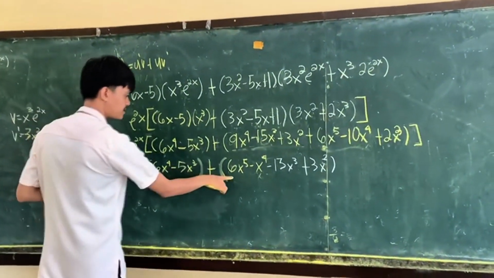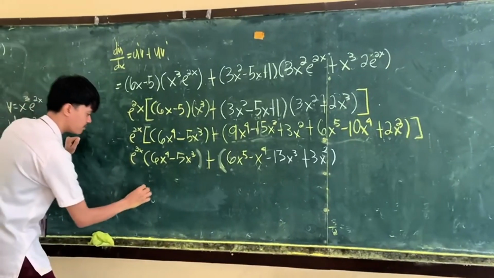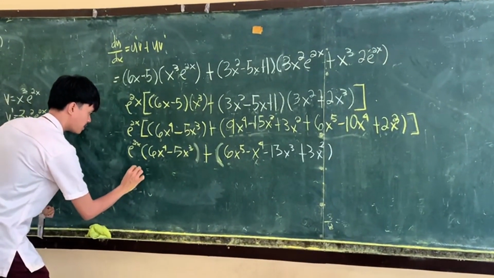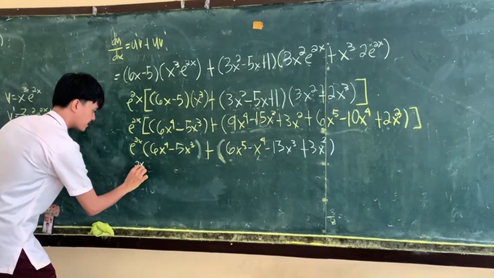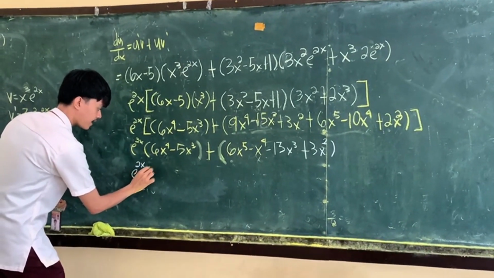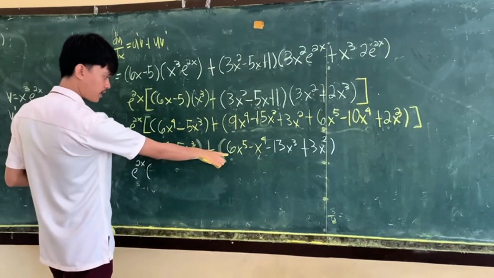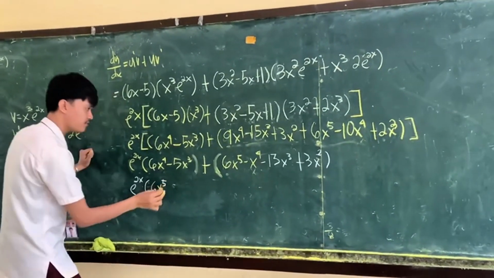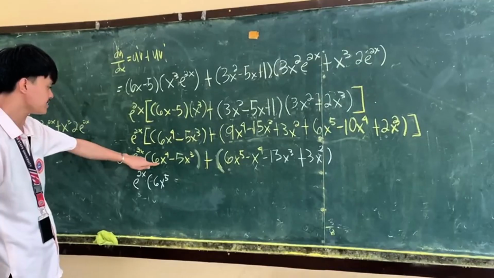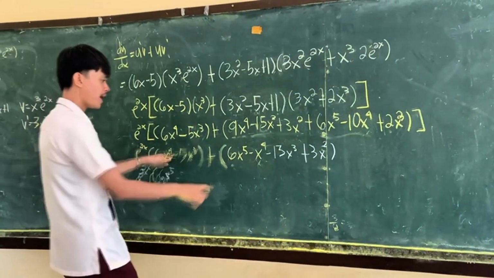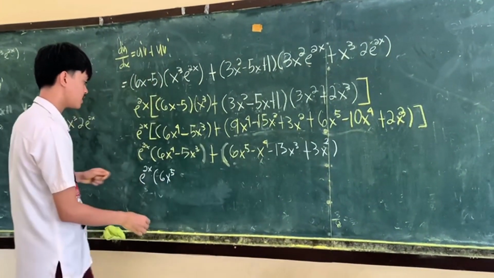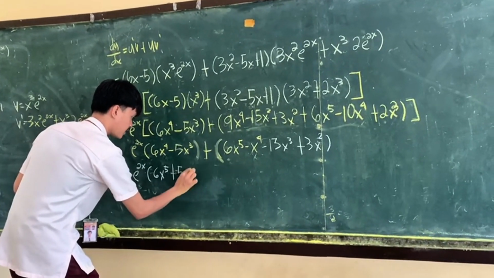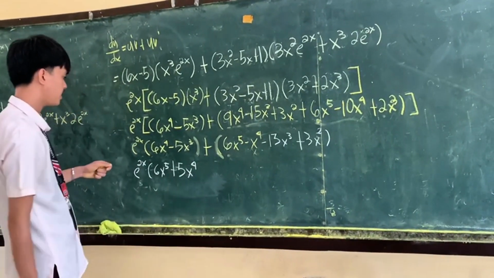Now given this, let's simplify it for our final answer. So let's copy this first: e raised to the power of 2x times, let's copy this one, 6x raised to the power of 5, and then 6x raised to the power of 4 minus x to the power of 4 is equal to positive 5x raised to the power of 4.